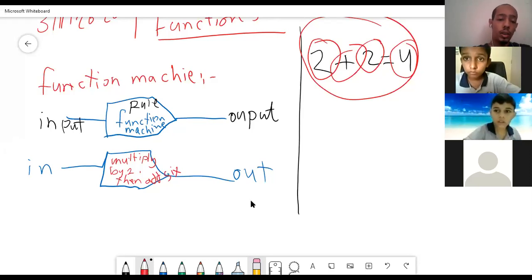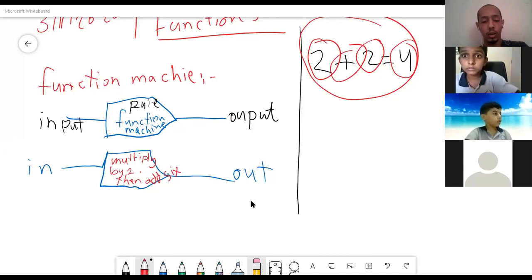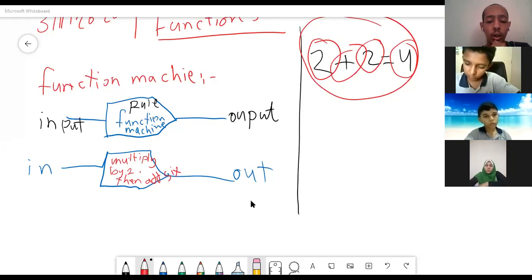What is our function? To multiply by 2, then to add 6. After the operations are carried out, we are going to get the output, right?